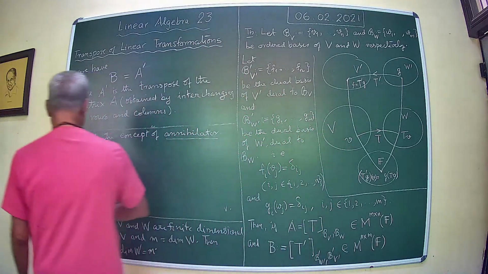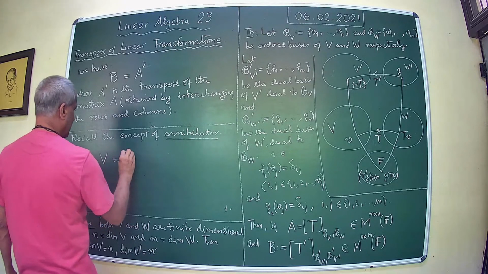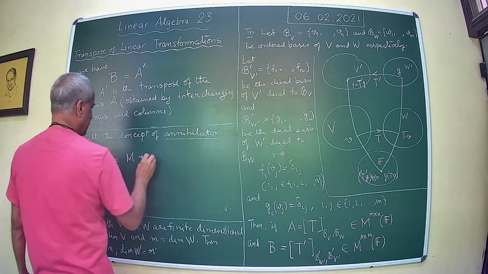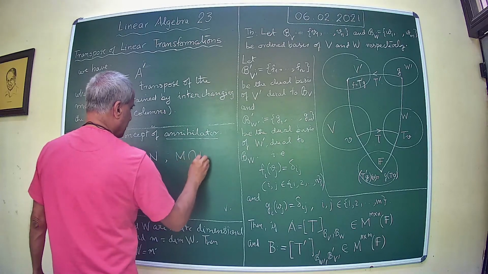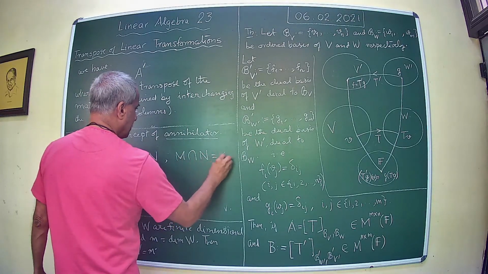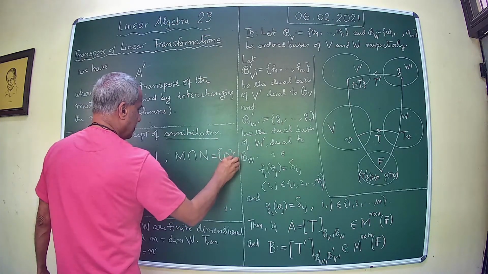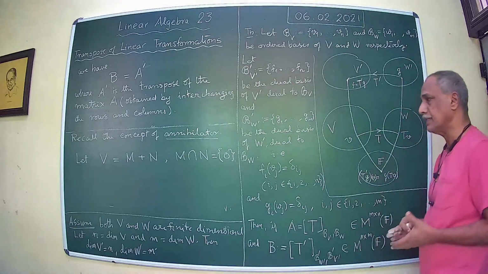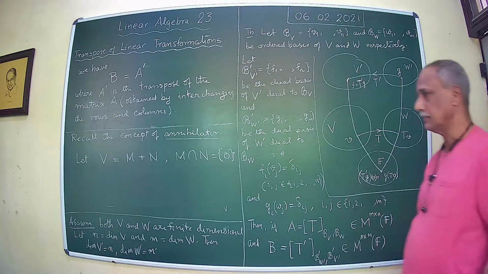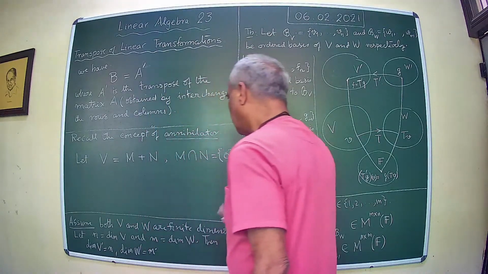Let V be the direct sum of two subspaces M and N. Then we have the following.